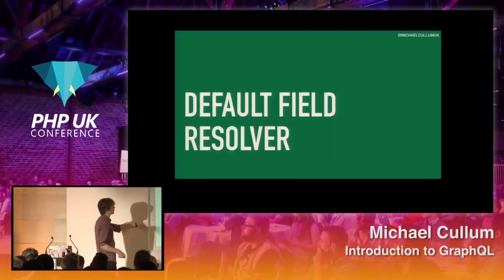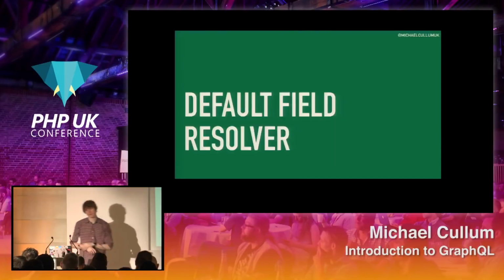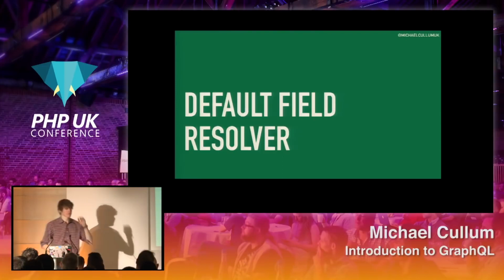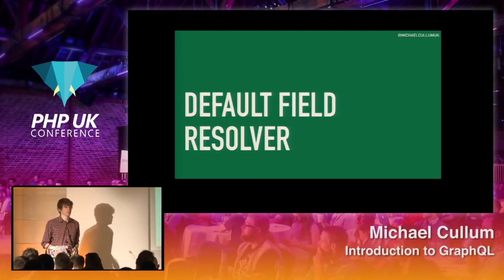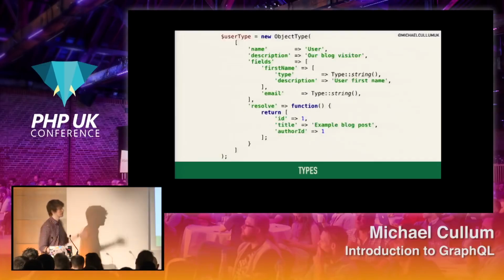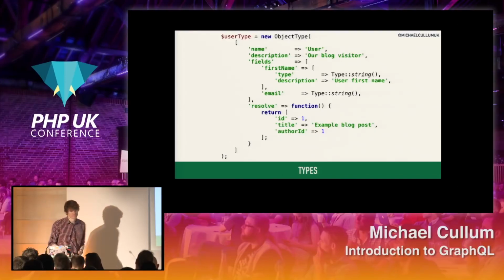So you can use a default field resolver, and you can say, hey, take this type, pass it into this particular type of object, and then run this through my ORM, for example, if you're using an ORM. It can then resolve all the fields for you and do that magically, without you having to specify what would end up being quite a lot of complex logic every single time.